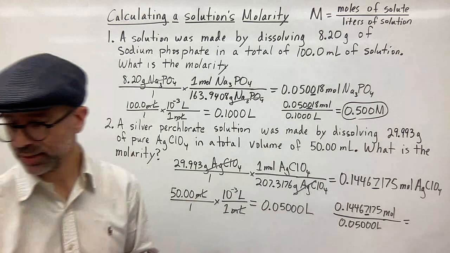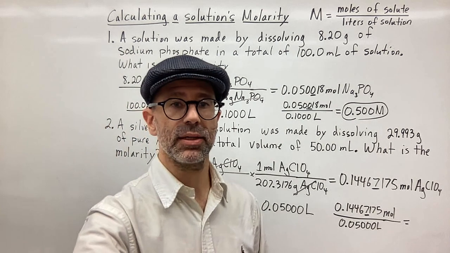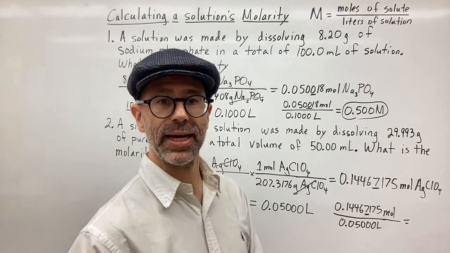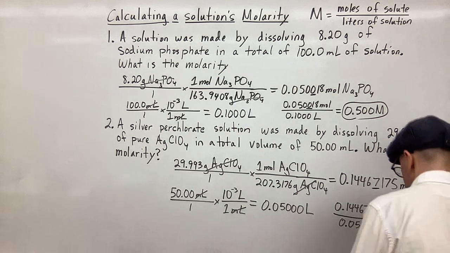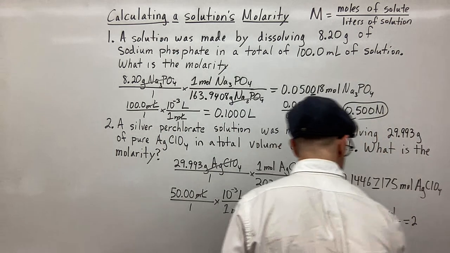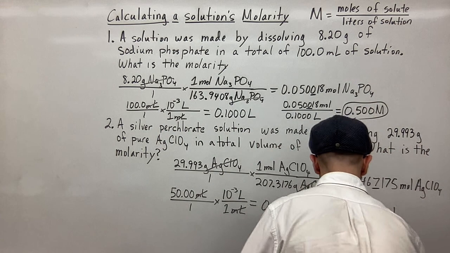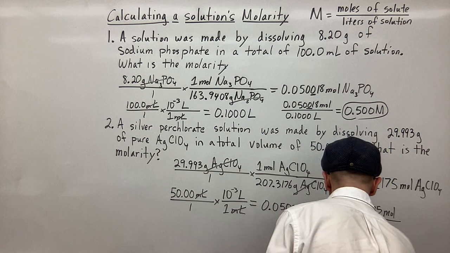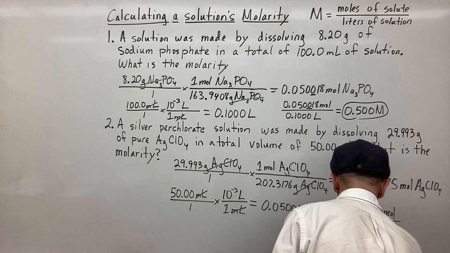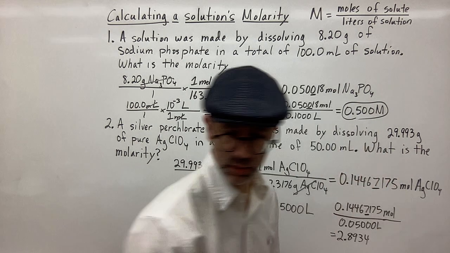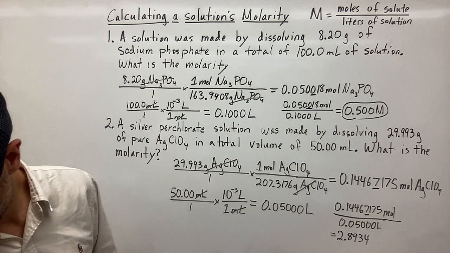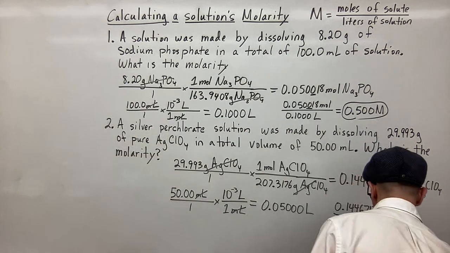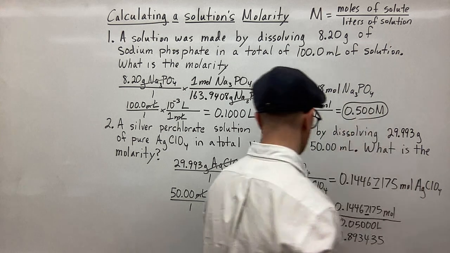And we calculate that, and we get 2.8934. Let me double check. 2.8934, and then 35 to add a little bit.